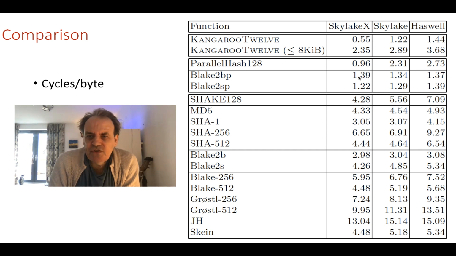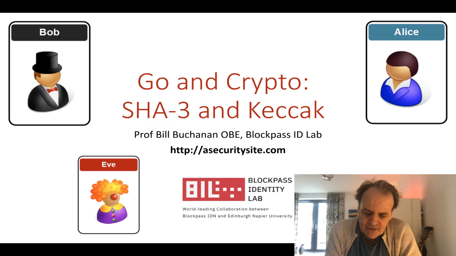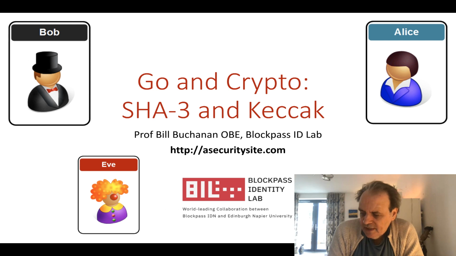And it generally performed better. We can see some of the other ones really struggle around here. But Kangaroo12 is one of the fastest hashing methods around just now. Okay, so that's been an outline of SHA-3 and Keccak.